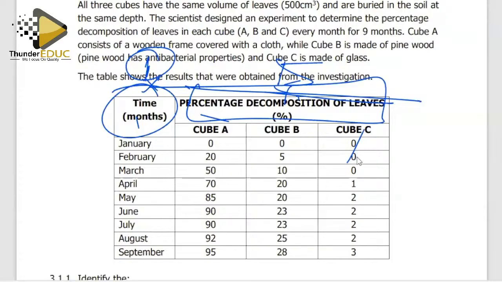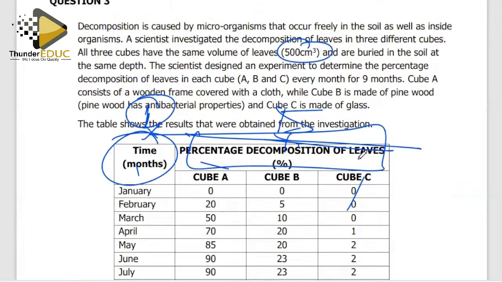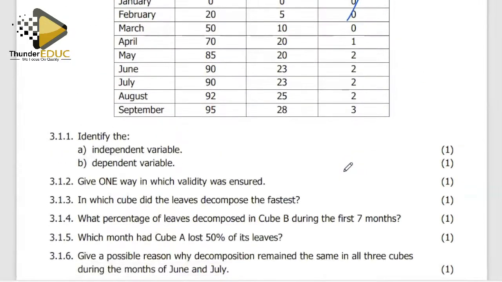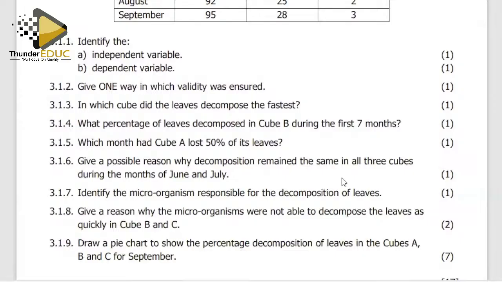If they use the same cube of 500 milliliters, then that is validity. So we look at things which they use the same. It must be buried at the same depth. We talked about that also. Or any other point which you can talk about, but is correct.